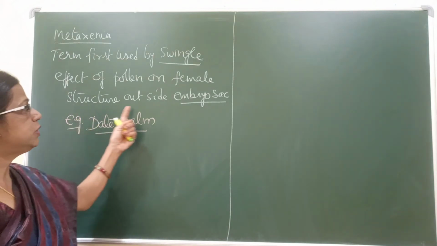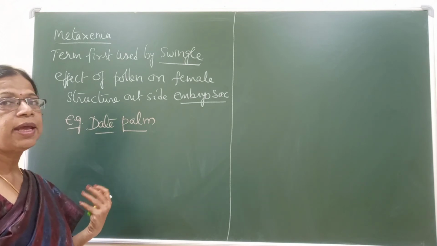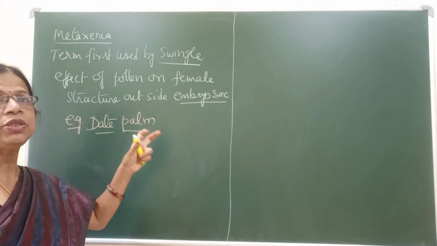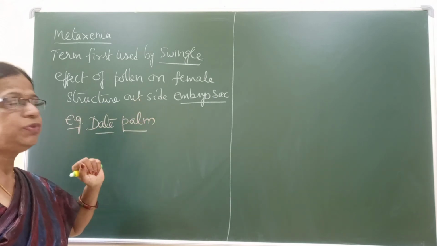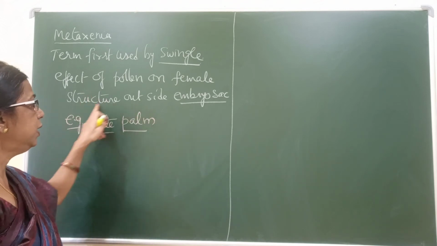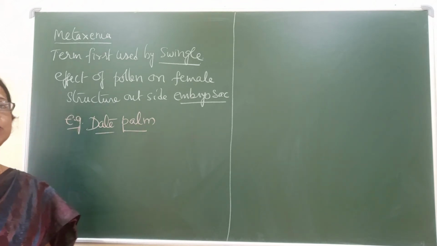What are the female structures present outside the embryo sac? It can be the nucellus and the integuments. When pollen affects the structure or morphology of these, we call it metaxenia, for example in date palm. So this completes double fertilization.